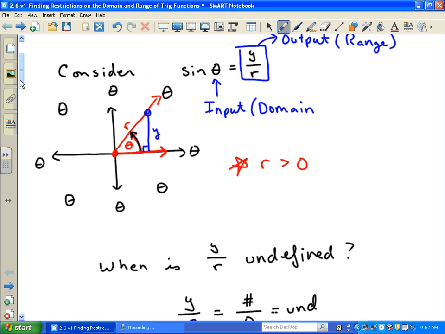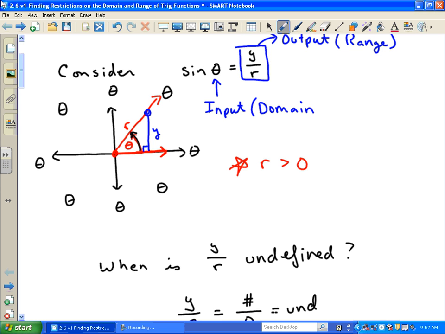For just a moment, let's assume that the triangle does fall within quadrant 1, like the red and blue triangle drawn here in my picture. Think about for a second the values of y and r. This thing is a right triangle. For right triangles, what do I always know about the value of r as compared to the value of y? Well, r is a hypotenuse, and we know that r is always bigger than y.